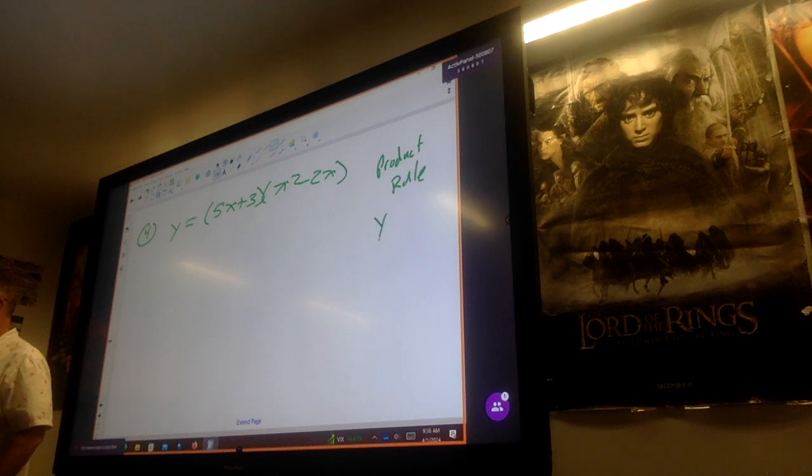So remember, product rule is if I have quantity A and quantity B and I'm multiplying them together, I got to look it up because I only teach it once a year.